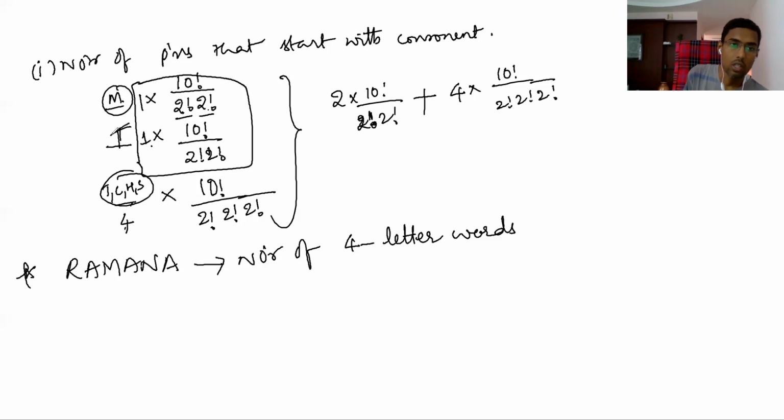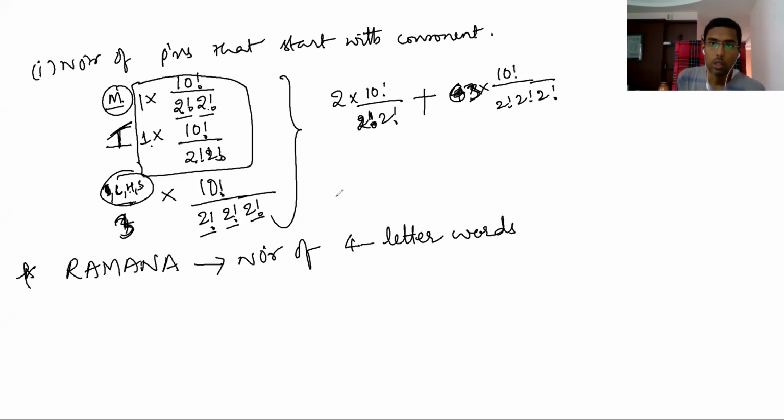And if you arrange T here, then 2 M's and 2 A's will be there. That is also correct. And here, not T, I'm sorry. If you arrange C, H, S, that is 3 ways. And then the remaining you can arrange in 10 factorial by 2 factorial, 2 factorial: 2 M's, 2 A's and 2 T's. So this is, I'm sorry, this is 3 times. Remaining also 3 times.